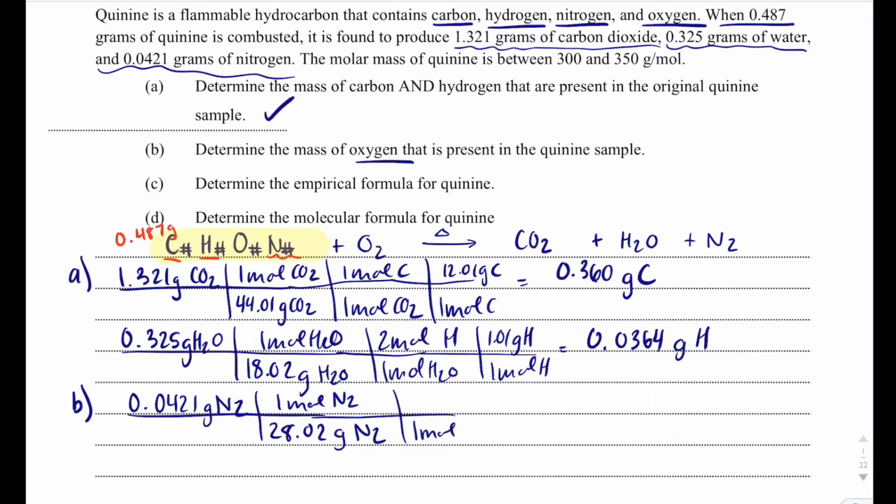In 1 mole of nitrogen there are 2 moles of just N, and in 1 mole of N there are 14.01 grams of N. So what I get is 0.0421 grams of just N. You may say, well, that's the same thing that I started with. The reason I did this is that in some combustion reactions, we don't just get N2, we might get something like NO2. So we'd really need to go through this process a long way to figure out the grams of N. But here, we didn't technically have to do that.